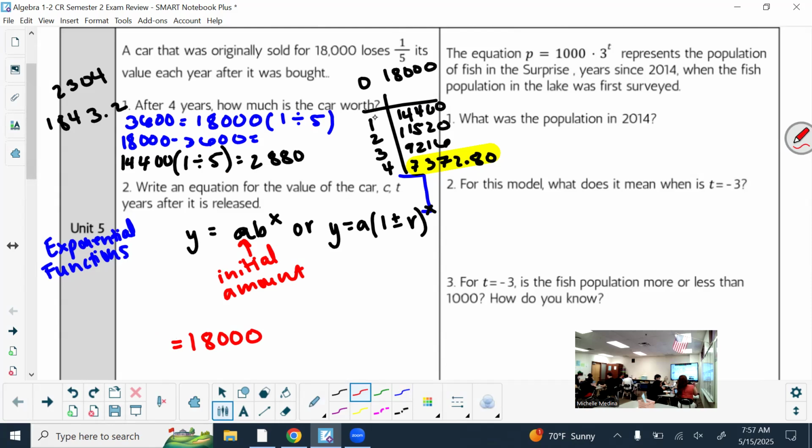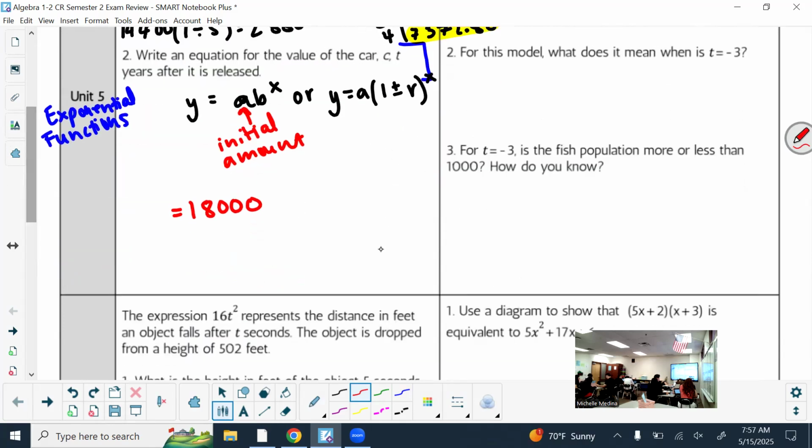In these, we probably can't tell what it's doing each time with these values. But let me give you another example of an exponential function.